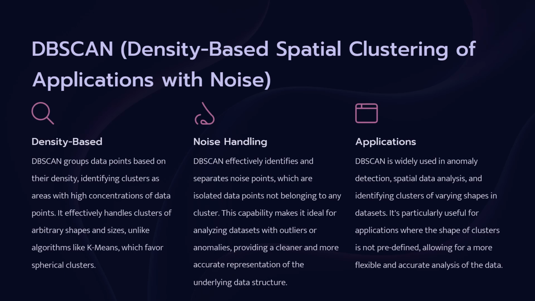DBSCAN is excellent for handling noise and discovering clusters of arbitrary shape, but its performance heavily depends on parameter tuning. According to the paper, density-based methods are particularly effective for high-dimensional data, but face challenges with uneven spatial data density.